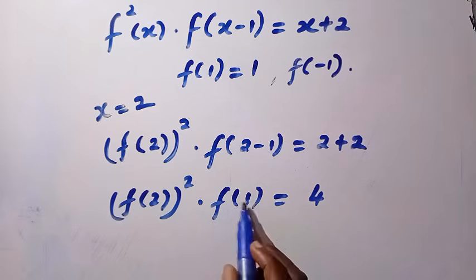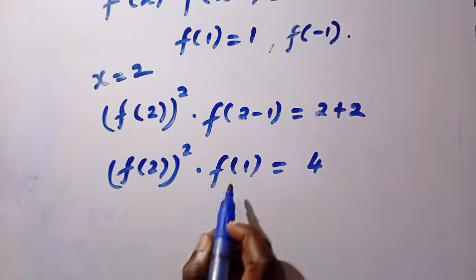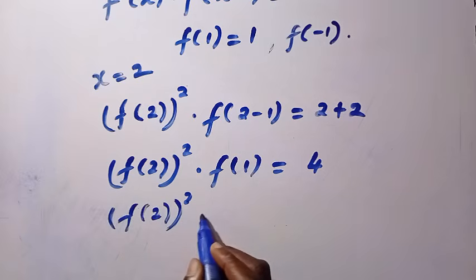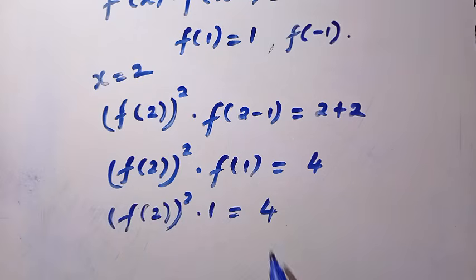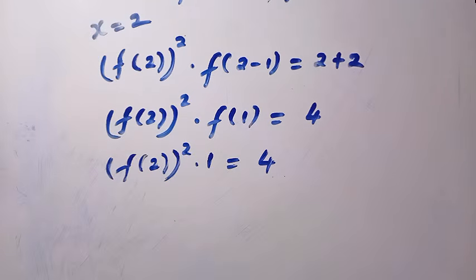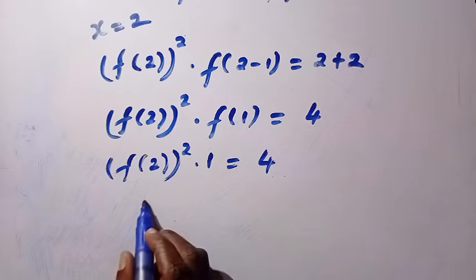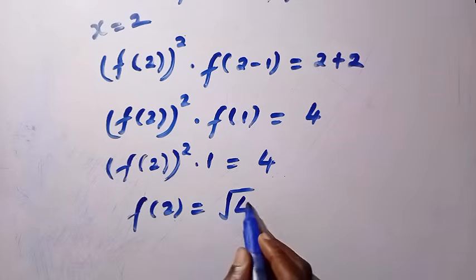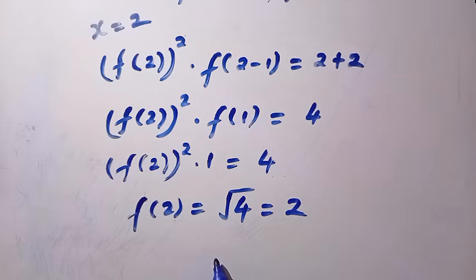It seems we have f of 1, which is given as 1. By replacing it, we have f of 2 raised to the power 2 multiplied by 1 equals 4. Then by taking the square root of both sides, considering only the positive, we have f of 2 equals the square root of 4, that is 2. So this shows that f of 2 equals 2.